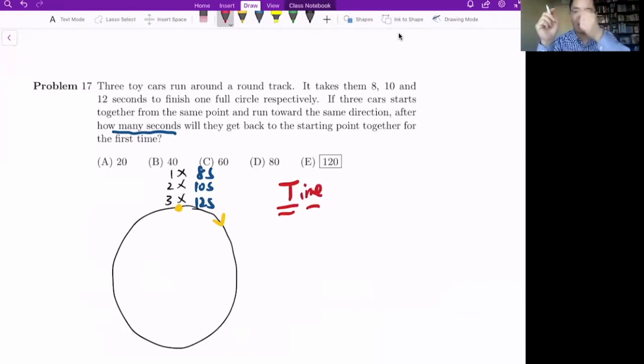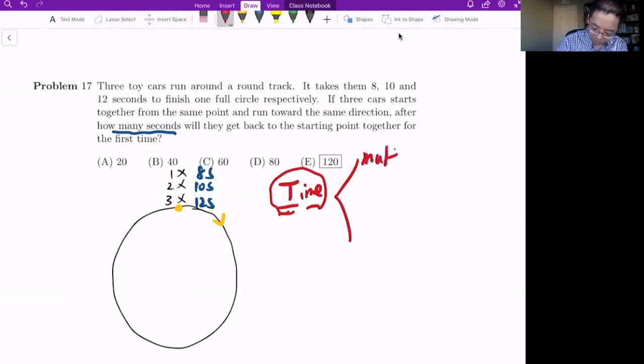It takes 8 seconds for 1 circle, 16 seconds for 2 circles, and 24 seconds for 3 circles. So the time that car 1 needs to finish a certain number of full circles must be a multiple of 8.